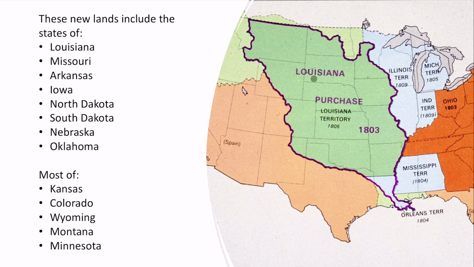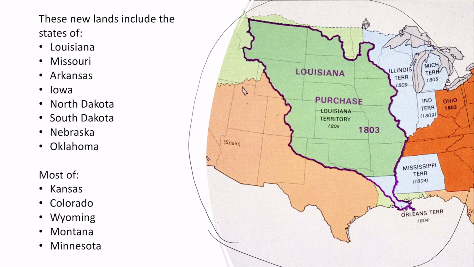So here's what I would like. Let's look at some of the places that are included in this purchase. Describe to me what it is that you're seeing. Yeah, so again, we're seeing another map of the United States. And this one is similar to one that we saw earlier, where we see the outlines of these modern states.